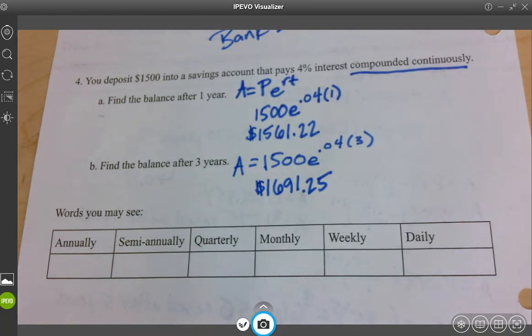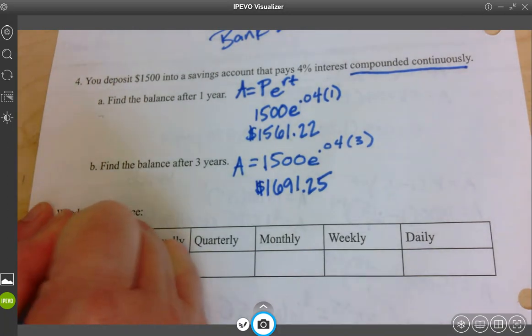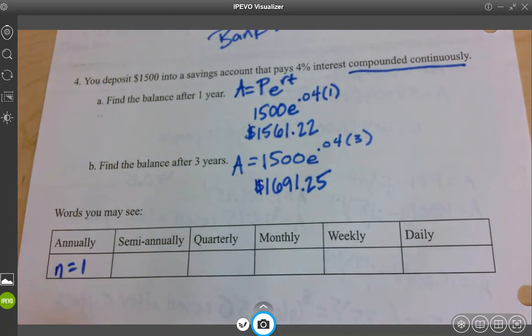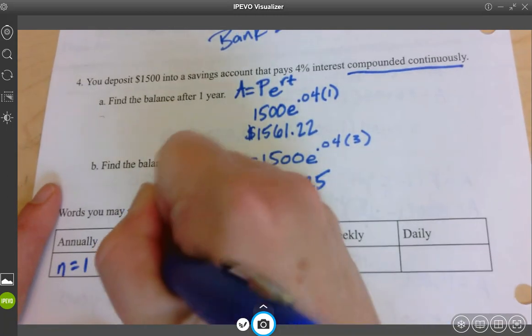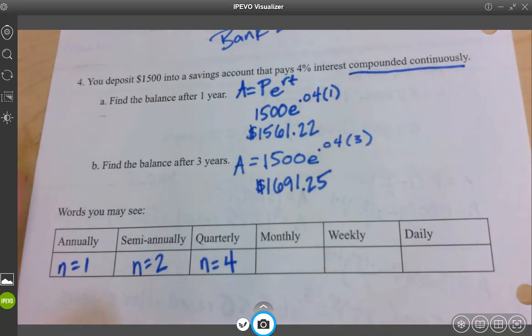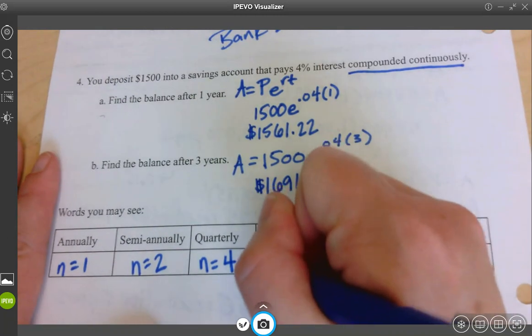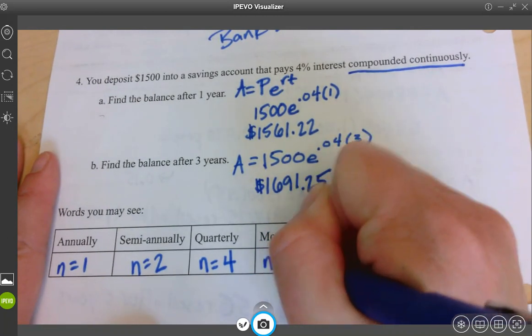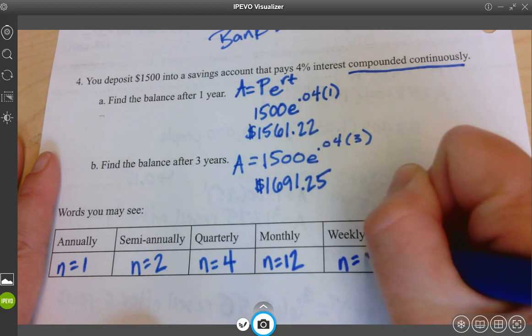All right, annually means how many times in a year? 1. Semi-annually means n equals 2. 4, good. How many months in a year? 12. How many weeks in a year? 52.